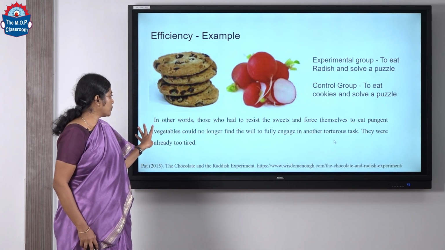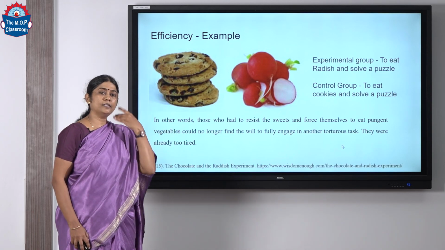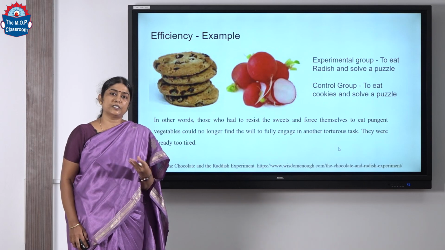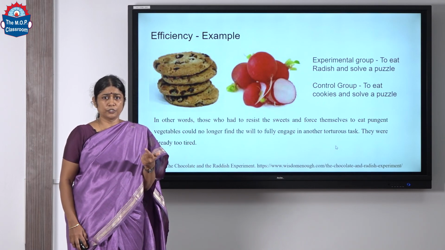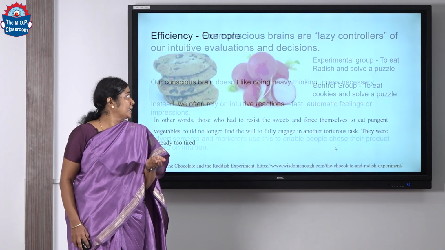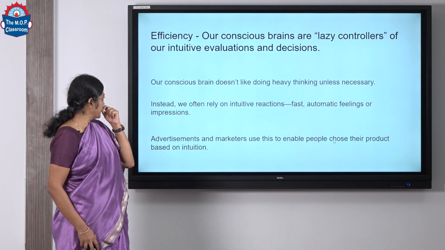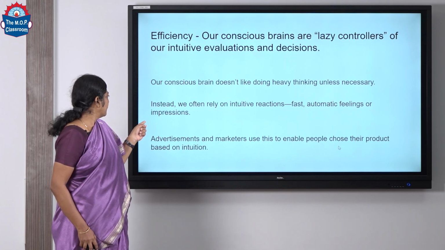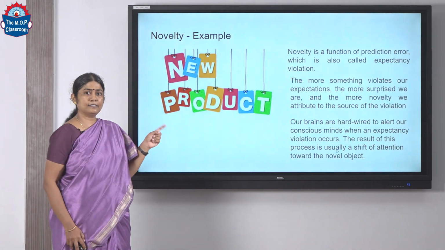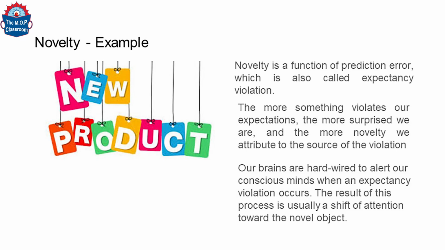So that's pretty much efficiency, and how our brain tries to become more efficient in choosing a decision. And this is what I explained, that our conscious brains are lazy controllers of our intuitive evaluations and decisions. I'll move on to the next shortcut, which is novelty.